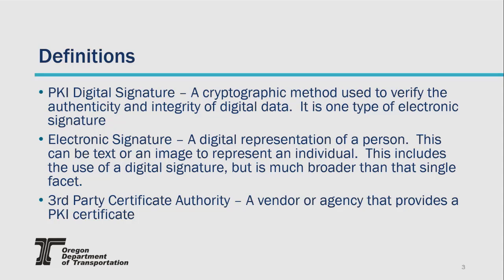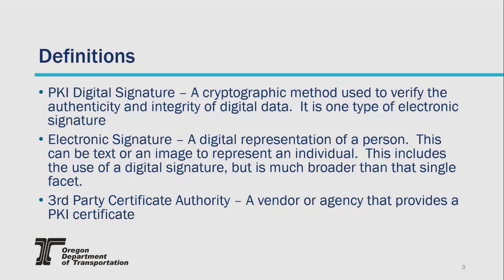PKI digital signature is basically a digital signature type that is based off of public-private key infrastructure. Electronic signature is a digital representation of a person. It includes the use of a digital signature, but it's much broader.